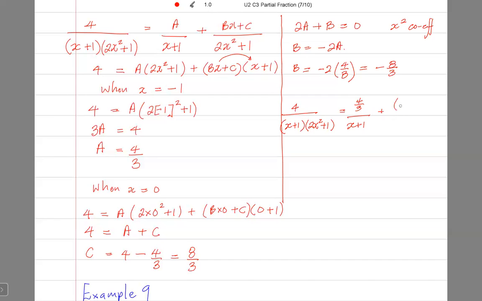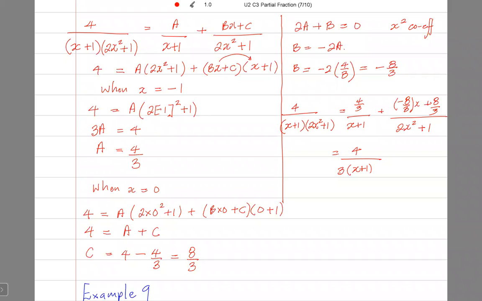Plus b, which is minus 8 over 3x. Plus c, which is also 8 over 3. And this is over 2x squared plus 1.